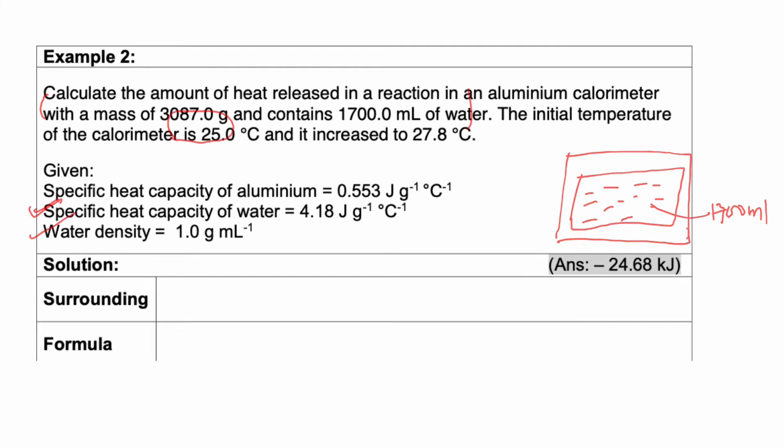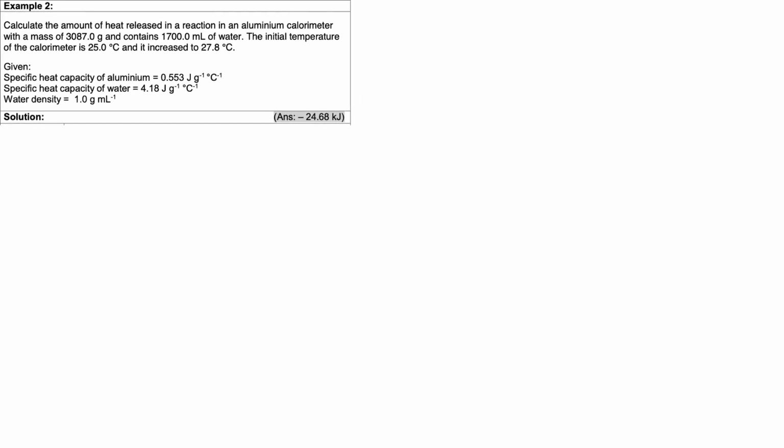Now for this, as I mentioned before, this question doesn't require you to calculate any enthalpy of formation or enthalpy of combustion. The question is just asking you to calculate the amount of heat release in this reaction. Therefore, we have to identify what are the surroundings.